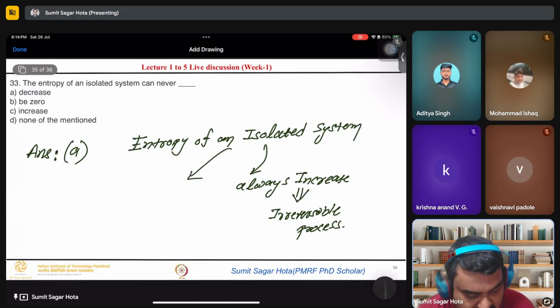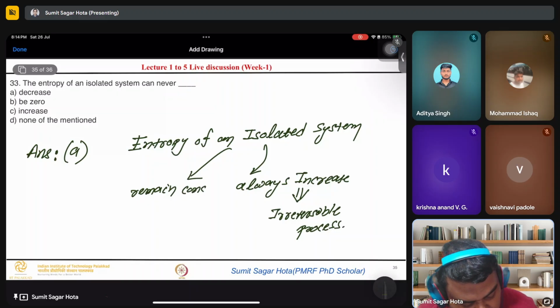Somebody can also argue that the entropy of the system always remains constant. This statement is also true. It's not always increasing, sometimes it remains constant, whatever the input heat energy and output energy remain constant. This is nearly impossible because most of the energy is absorbed and very little goes out. In some cases maybe there will be a chance.